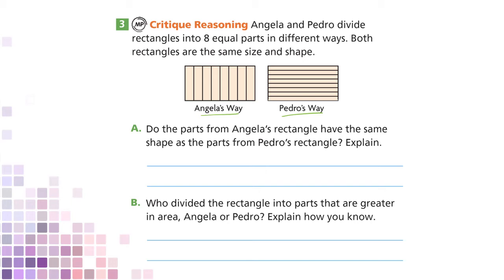A, do the parts from Angela's rectangle have the same shape as the parts from Pedro's rectangle? Explain. Well, Angela's parts look like this, and Pedro's parts look something like this. So even though they're both rectangles, they have a different shape.